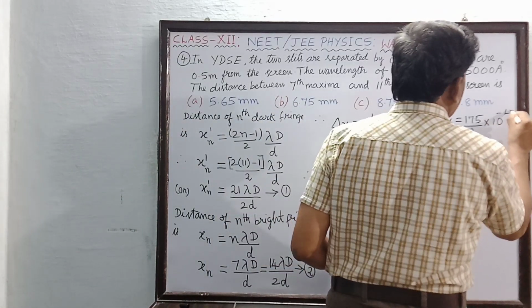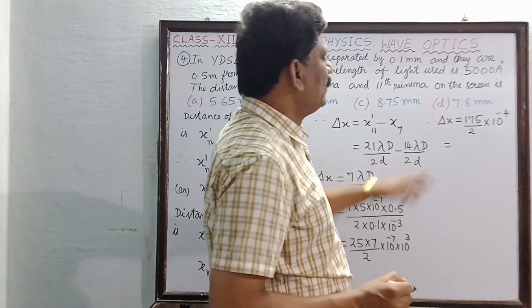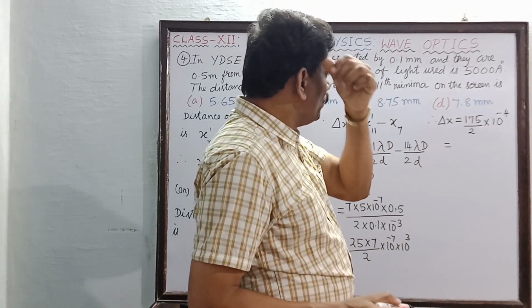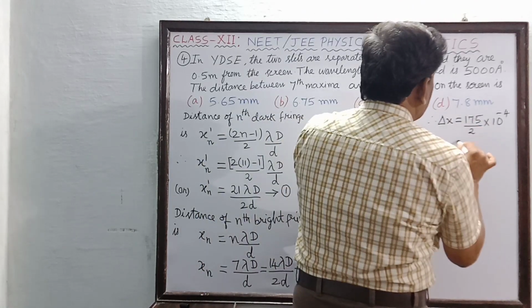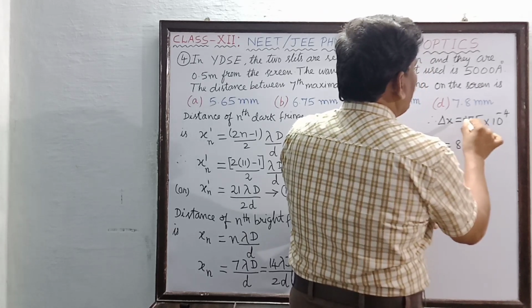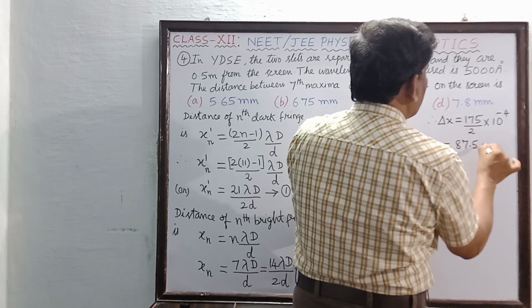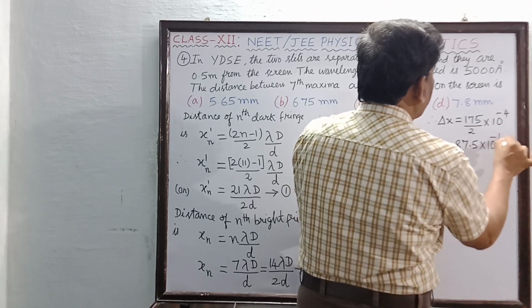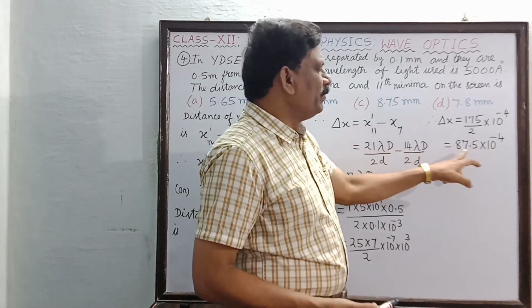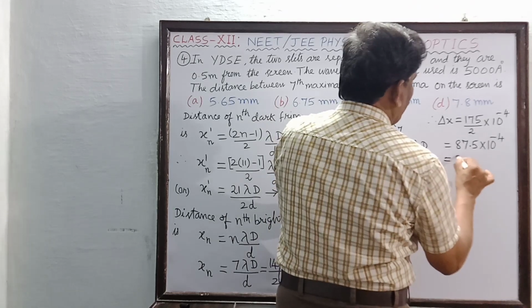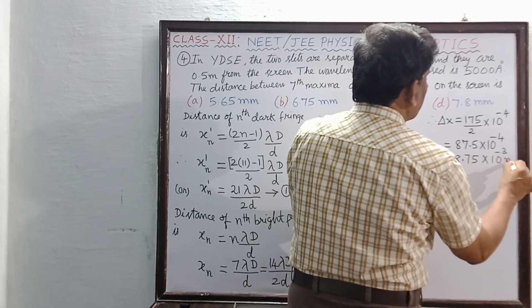So this is 175 divided by 2, which is 87.5 into 10 power minus 4. This can be adjusted to 8.75 into 10 power minus 3 meter.